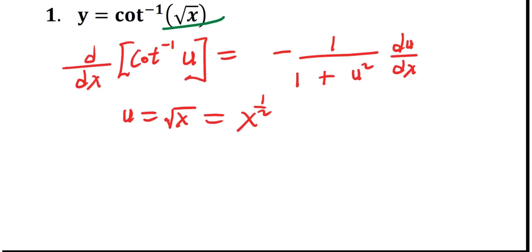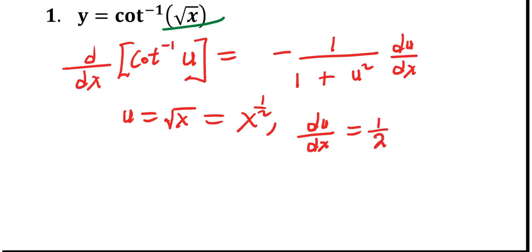So if we are going to take the derivative of u with respect to x, it will be equal to 1/2. So you simply bring this 1/2 over here and then subtract 1 from the power, which is 1/2, and that gives us x to the power of negative 1/2.